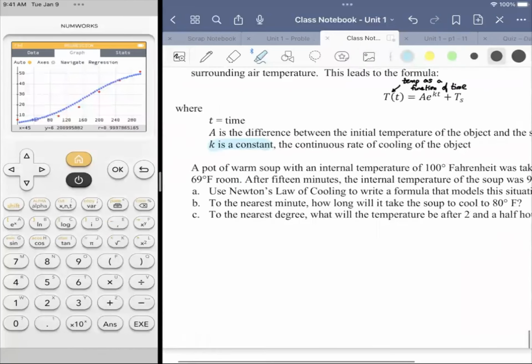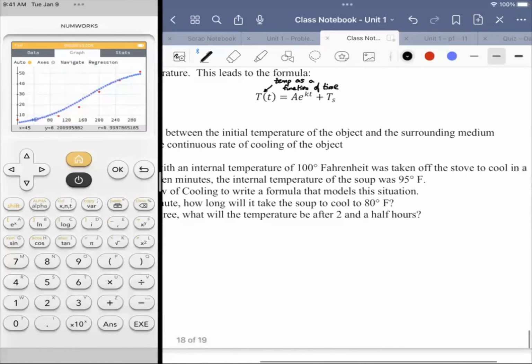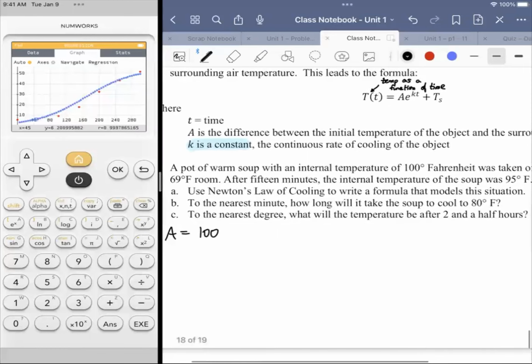So A, the capital A coefficient, is the difference between the initial temperature of the object, which is 100, and the temperature of the surrounding medium, that's the room. I'm going to go green here. So internal temperature, the room. 100 minus 69 is going to be equal to 31.